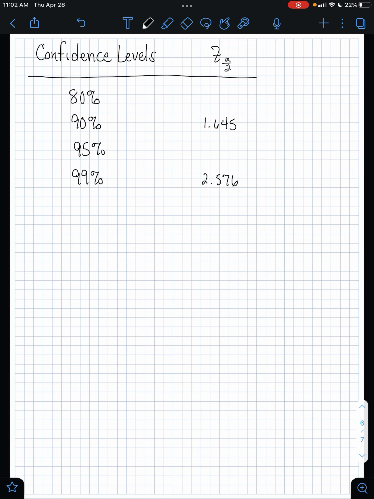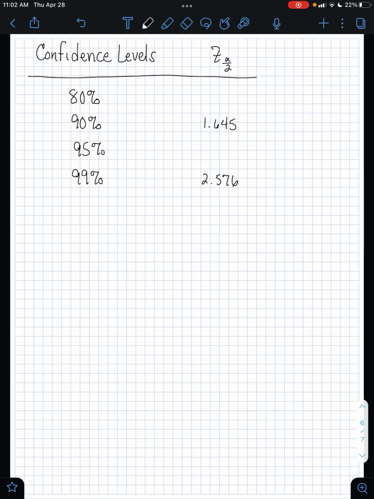So it doesn't matter if in a different problem there's a different value for x bar, or a different sample size, or a different assumed value for sigma. A 99% confidence interval is a 99% confidence interval. So it will always give you the z-score of 2.576.